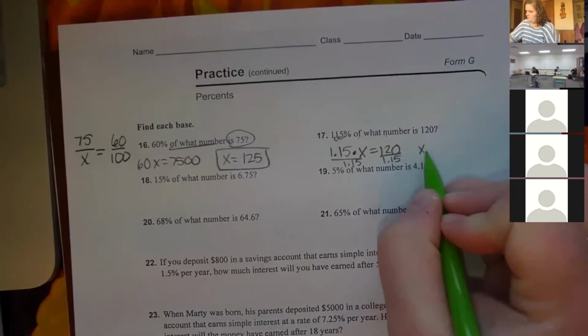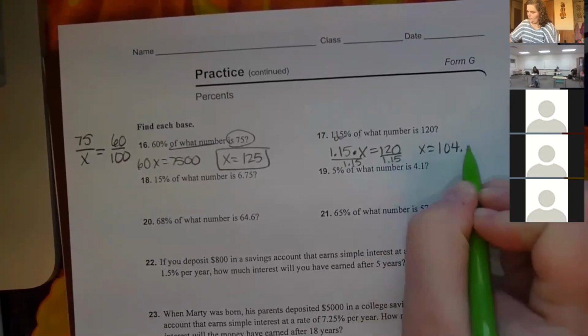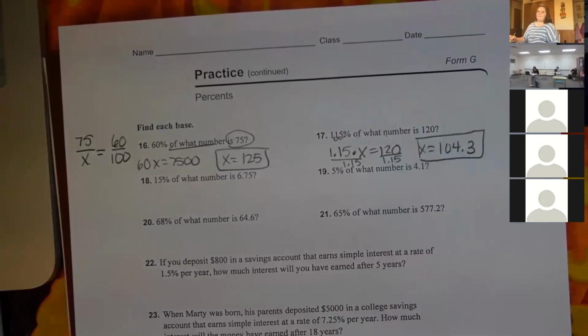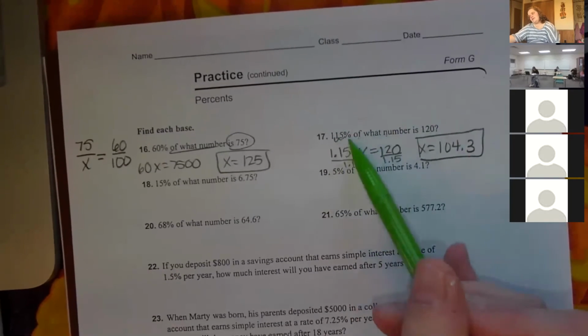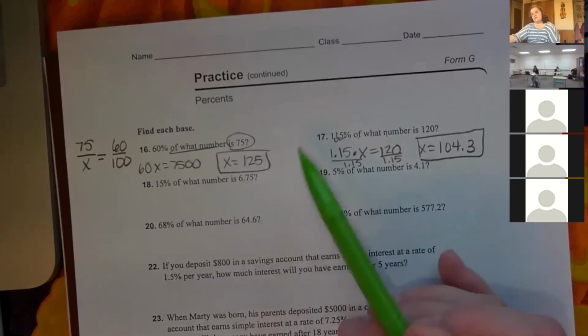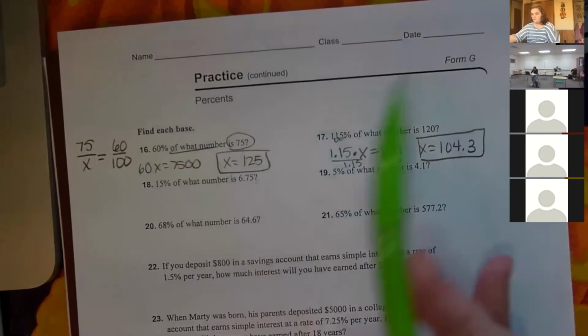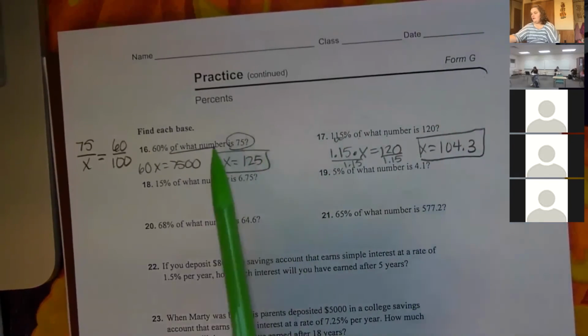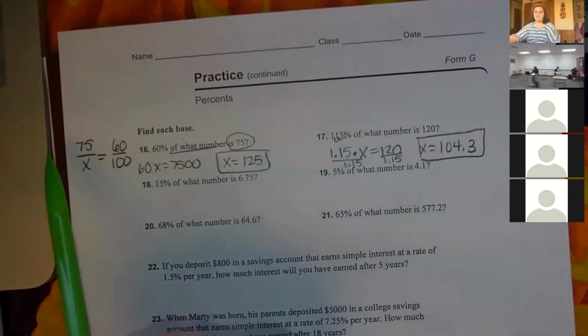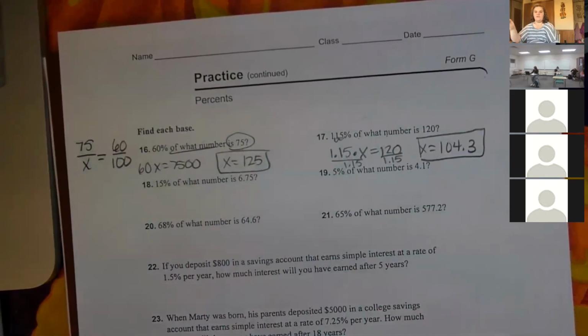I got 104.3 approximately, so I'm just going to round. Okay, so remember, if you're writing it as a sentence, you have to change your percents to decimals and then your decimals back to percents, depending on what it's asking for. If you do the proportion way, you don't ever have to do that. So that's something you don't even have to think about.